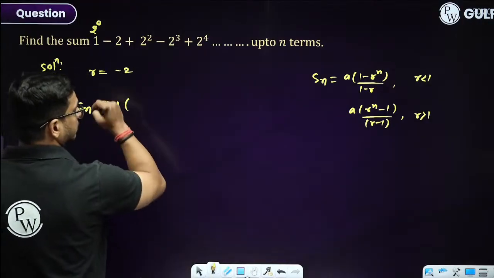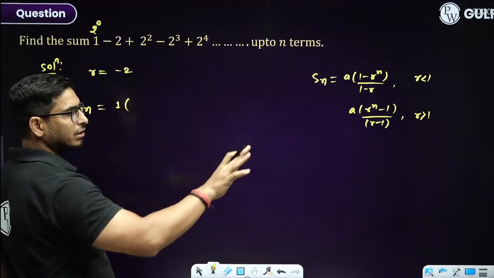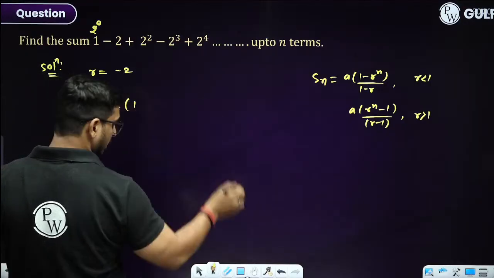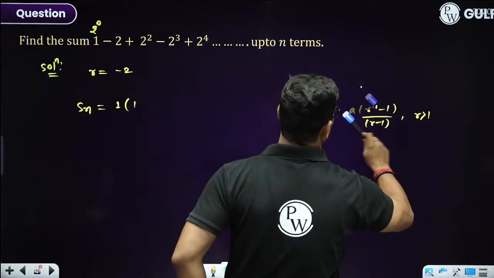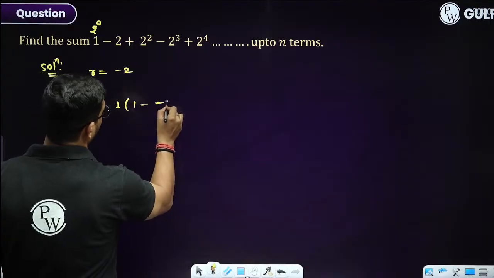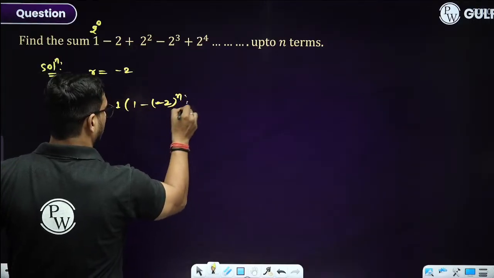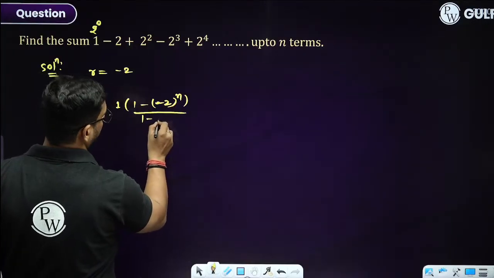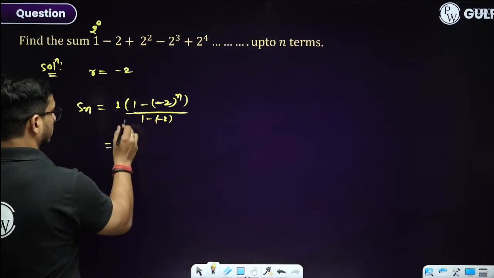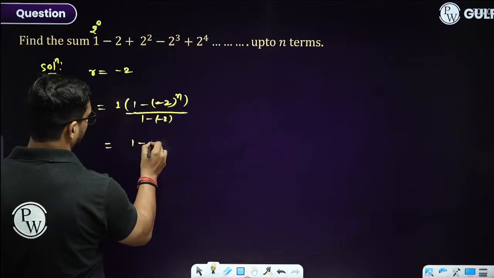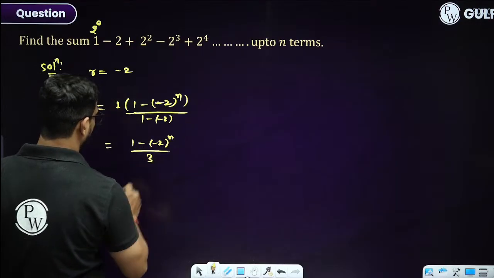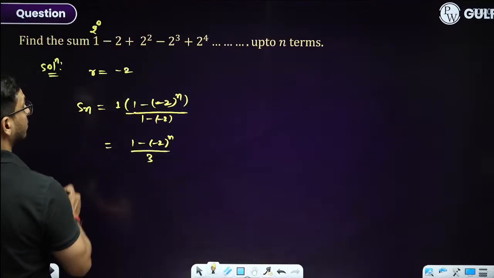You can take anything, it will automatically give you the result. Just write r is not equal to 1. So 1 minus 2 to the power n divided by 1 minus 2. So this would be 1 minus 2 to the power n divided by 3, up to n terms.